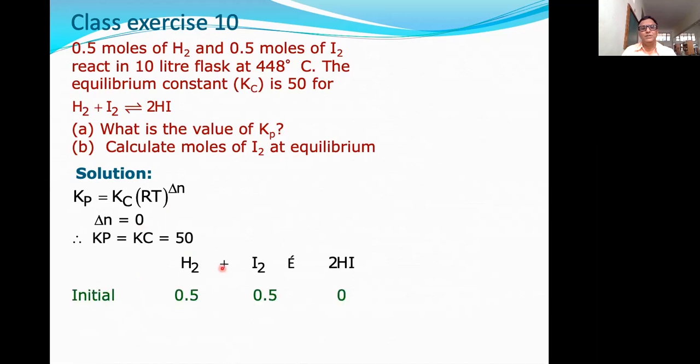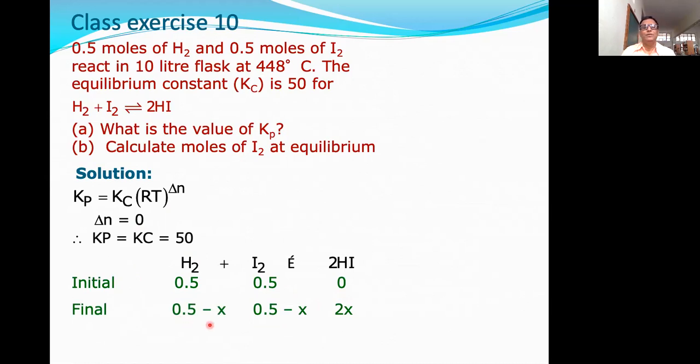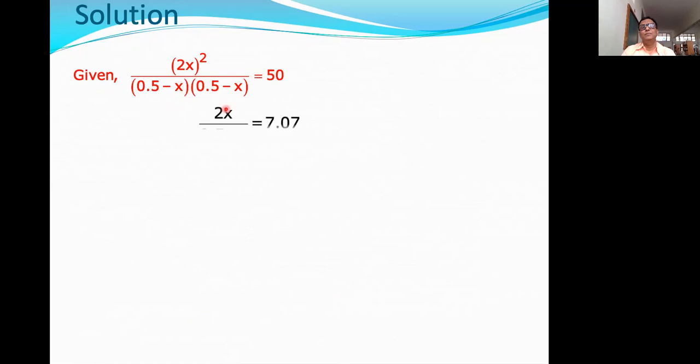And for this reaction, initial moles are 0.5, here 0.5, and initially no product, that is 0. Finally 0.5 minus x, 0.5 minus x, and here 2x. So you can write (2x)^2 divided by (0.5 minus x) into (0.5 minus x) equal to 50.